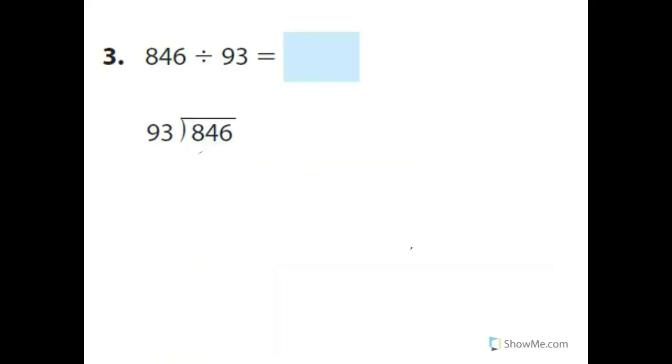So we've got 846 divided by 93, and they conveniently put it over here for you, so thank them for that. The first thing I'm going to do is an estimation. I'm going to round 93 to 90 because it's closer to 90 than it is to 100.